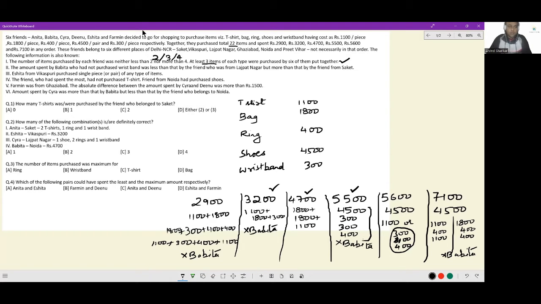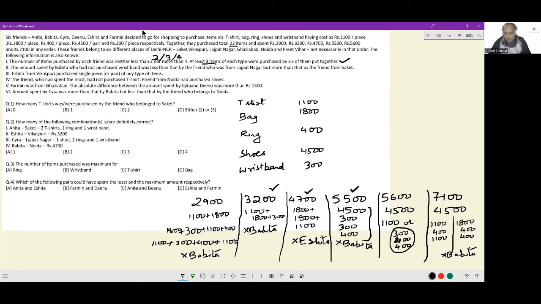This is known. Next, Ishita from Vikaspuri purchased a single piece or pair of any type of items. Okay, Ishita from Vikaspuri could be in the first spot, could be in the second spot, cannot be in the third spot. This cannot be Ishita.